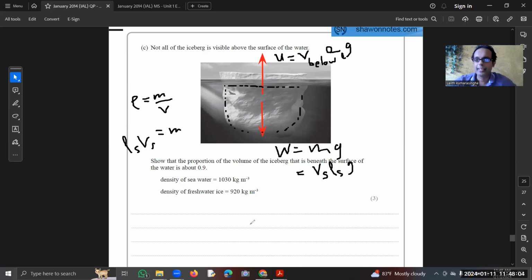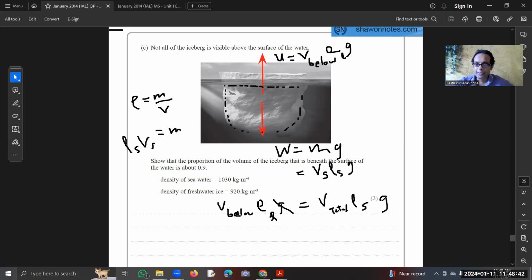Still equal. It's in equilibrium. Opposite forces are balanced. V below, rho liquid, g is equal to V solid, meaning V total, the total volume, rho solid into gravity.